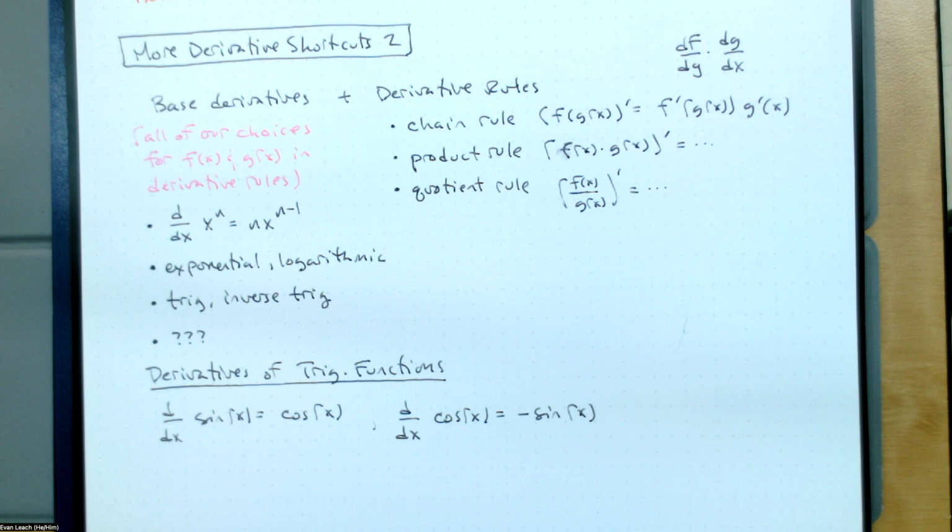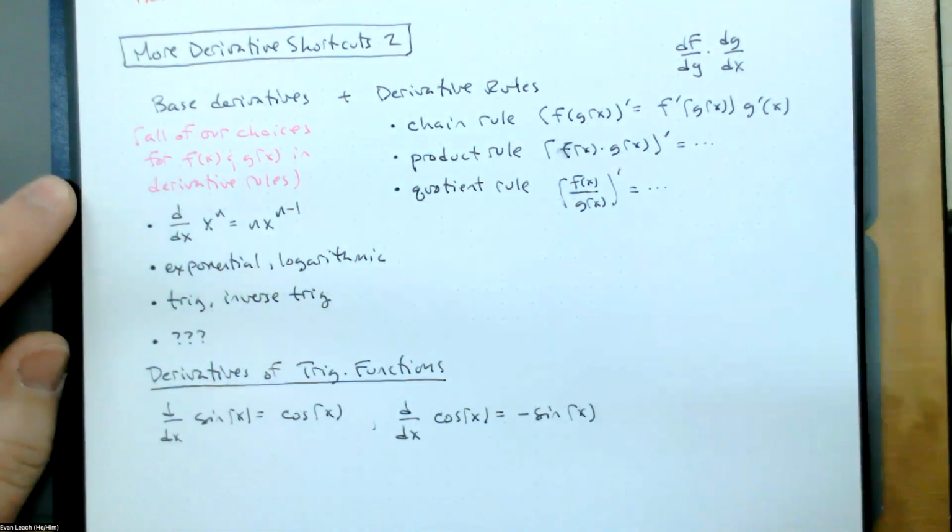One way that we can help ourselves remember this is to imagine the graph of the sine and the graph of cosine, and remember what the derivative is supposed to be telling us. So let's draw a quick picture of a sinusoidal function that we can use for sine or cosine.